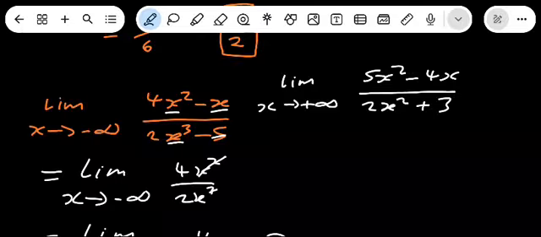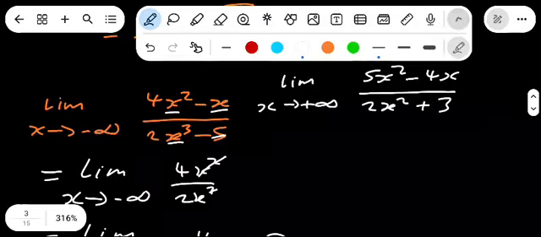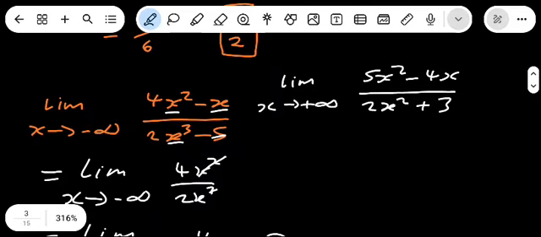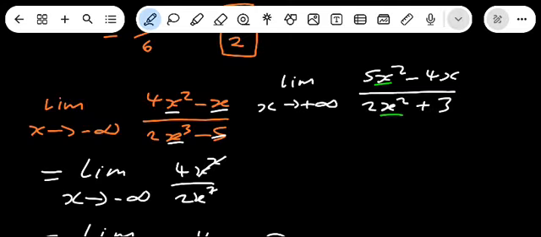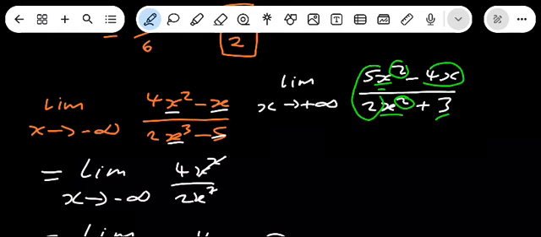You check the x with the highest degree on the numerator and the denominator. We have x squared and x squared, so the degrees are equal. Let's ignore the other terms.